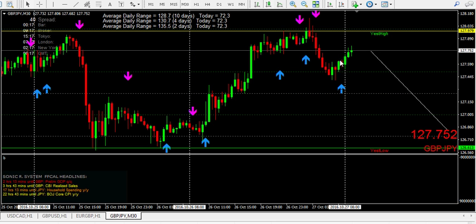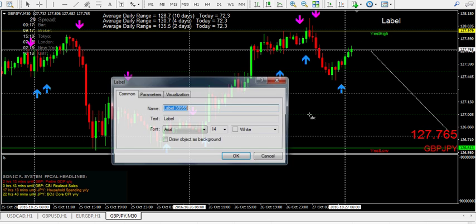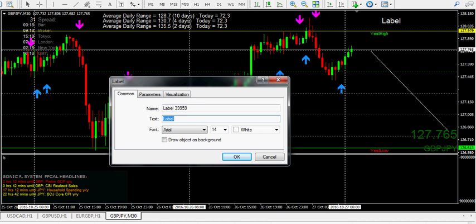M30 is definitely alerted to the long side, so that categorically needs alerting to the short side, and this is the sort of thing I put on my charts. Need M30 short. I could put alert, but I know what it means if I don't.